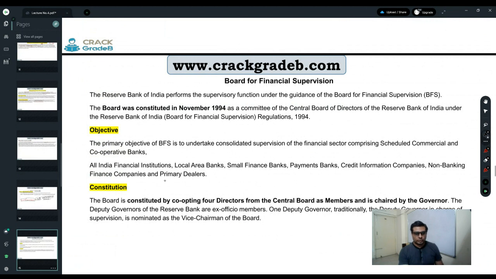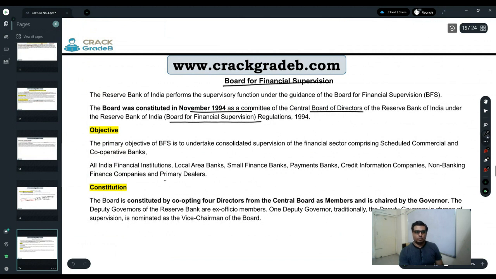So the Board of Financial Supervision was constituted in November 1994, right? And see, it is a committee of the Central Board of Directors of the Reserve Bank of India. Under the Reserve Bank of India, the Board of Financial Supervision was created.